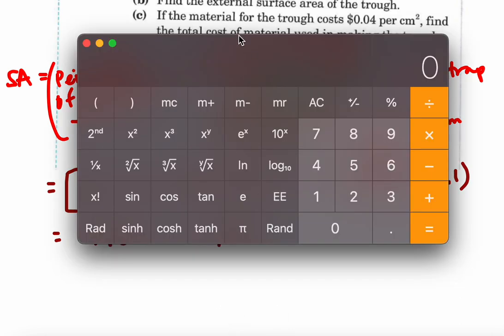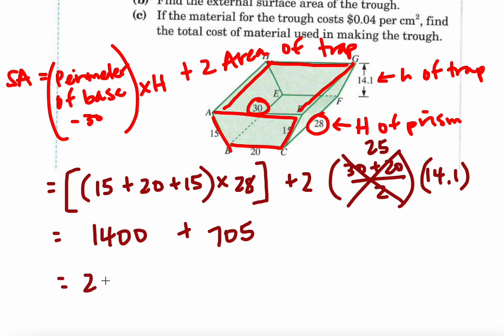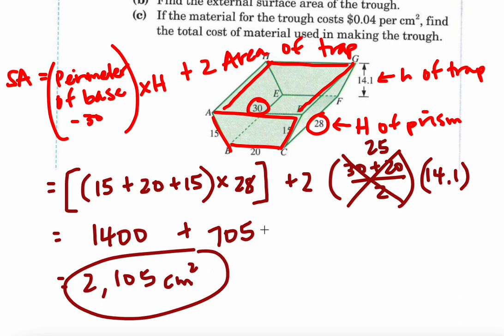Add those two together, because PEMDAS says we got to add at the very end, unless they were in parentheses like before. We get 2,105. And this is centimeters squared. And remember, that's because we cannot add in that top. So it's just the sides that we're accounting for.